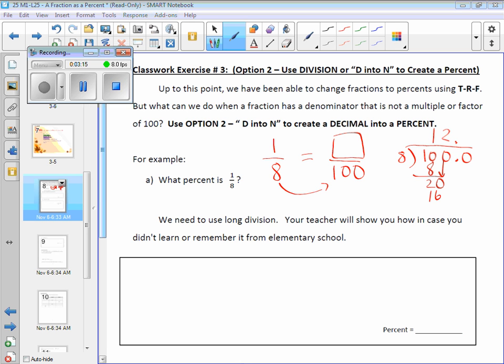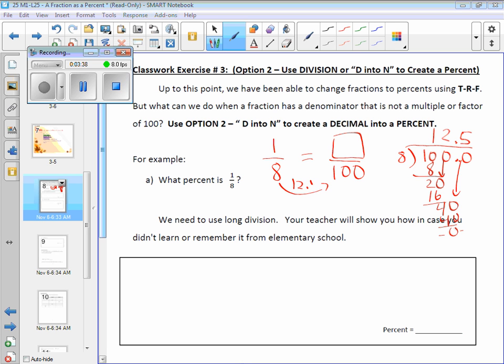Correct. Still not done, because you still have to keep bringing down digits until it terminates. Right, 8 times 5 makes 40. It terminates with nothing remaining and nothing but zeros to bring down, and that's our constant.